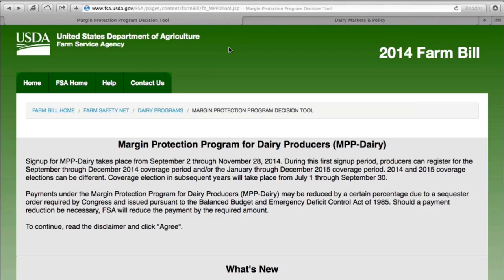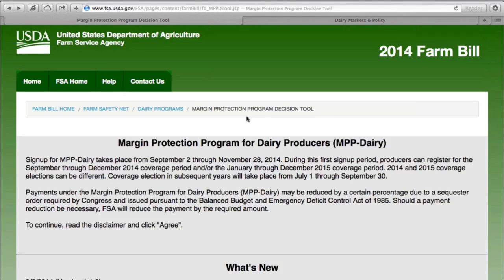Users, when they come to the tool, are first greeted with this screen. It identifies when sign-up is available, so farmers during the 2014-2015 coverage years have to make a registration decision by November 28, 2014. Now let me add, that's the day after Thanksgiving. And I talked to FSA folks, some people may be taking annual leave on the 28th.